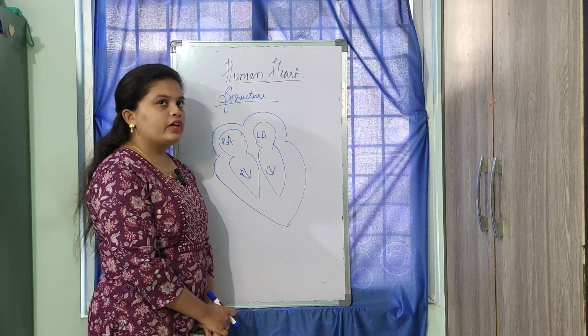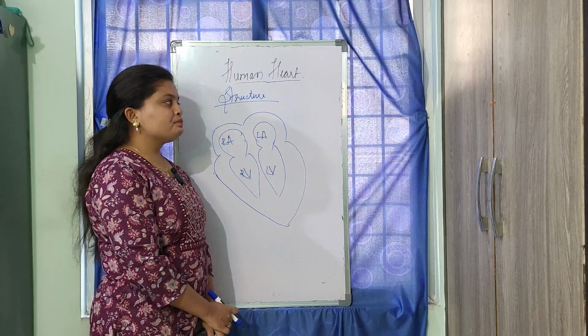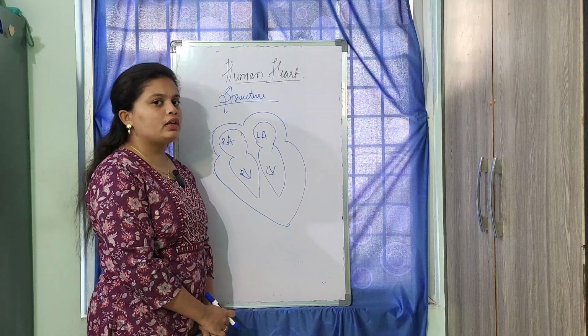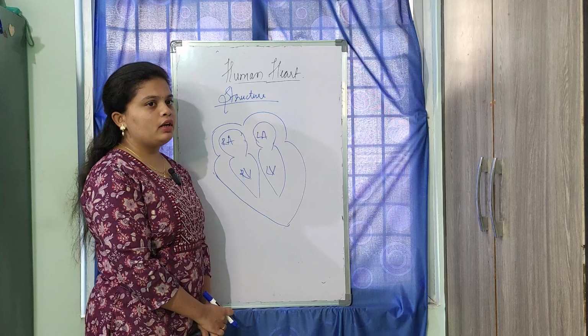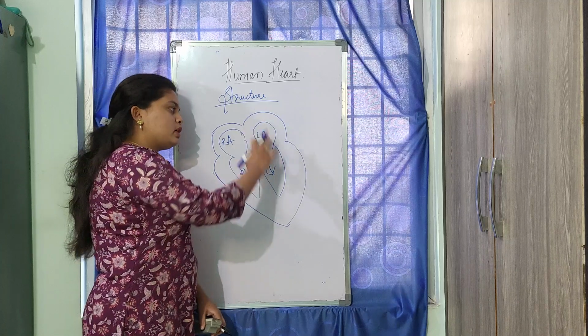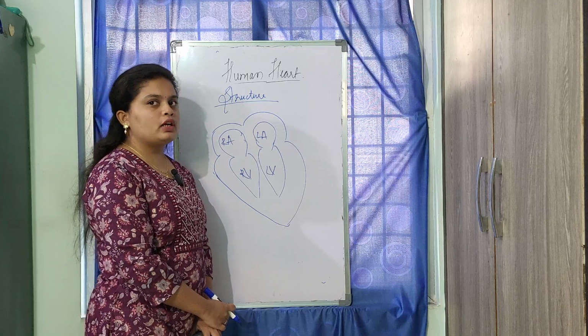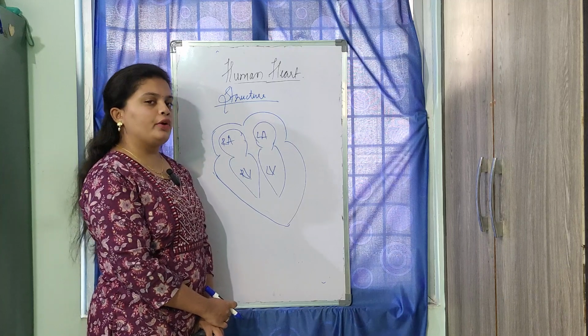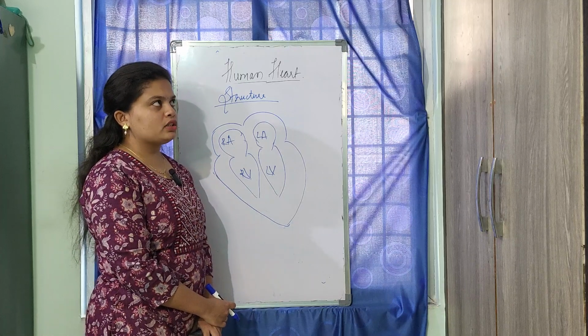The lungs convert it into oxygenated blood, which is sent back to the left part of the heart, and the left part will send the blood to all parts of the body via the aorta. This is the brief explanation of double circulation.